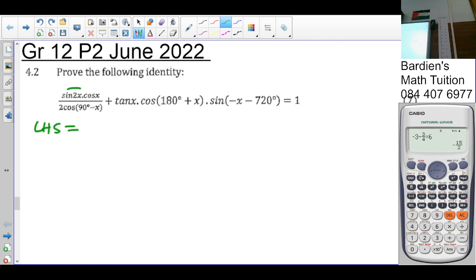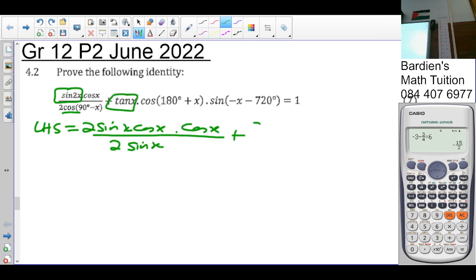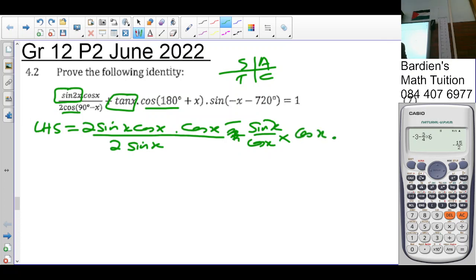So left hand side is equal to, I'm going to expand that, so it's going to be 2 sine x cos x times cos of (90 minus x), that takes us to the first quadrant, cos is positive, what changes to sine, so it's 2 sine x, plus tan, can be written of course as sine over cos, sine x over cos x, (180 plus x), that takes us to the third quadrant, cos is negative, change that to a negative, cos of x times, if I add 360 twice, that falls away.